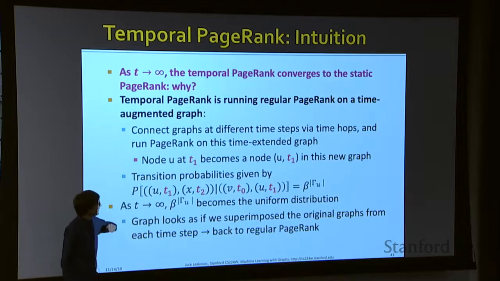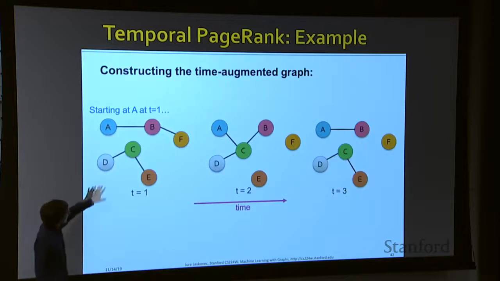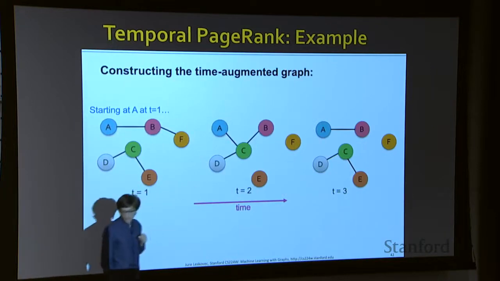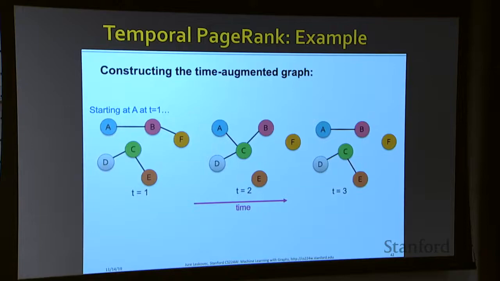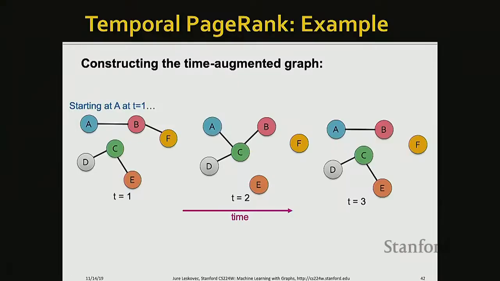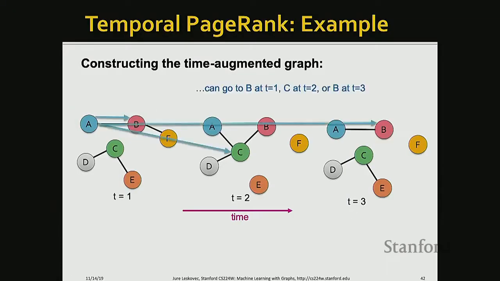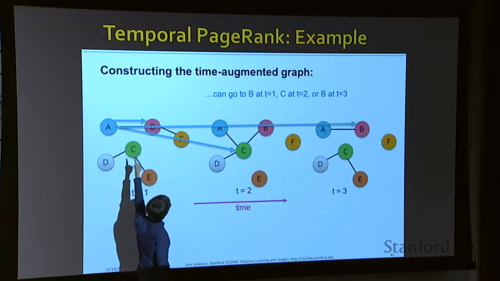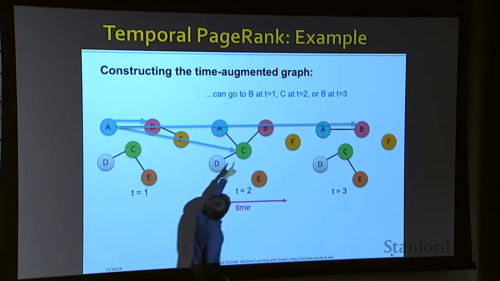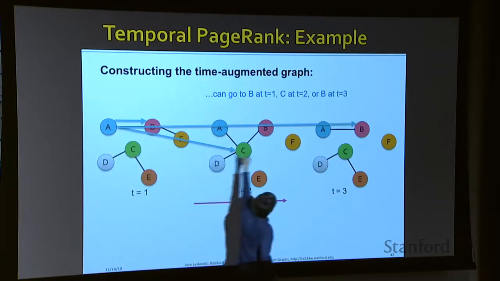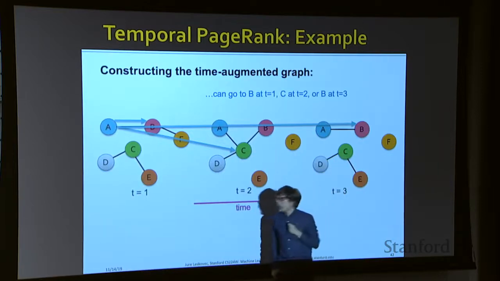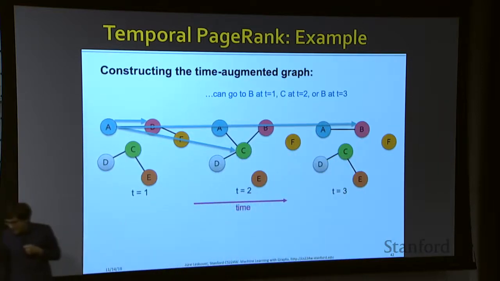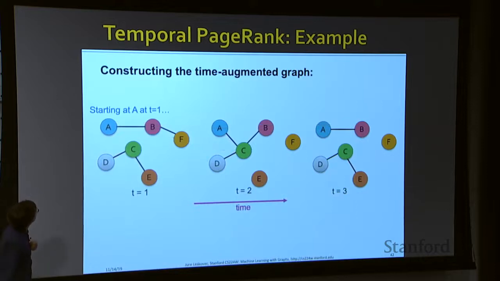This is the way you can think of this, right? If I have my snapshot of graphs, what I will do is I will connect the same nodes temporally, right? So I will connect A to B. I will connect, for example, A to C here, and I will then connect A to B here, right? Because why do I do that?